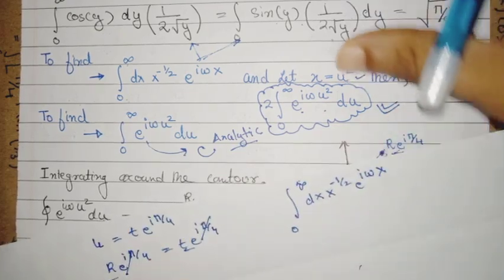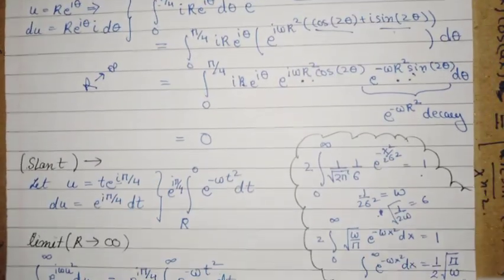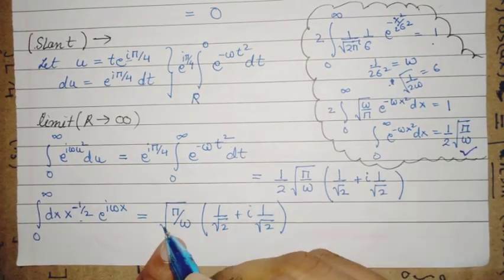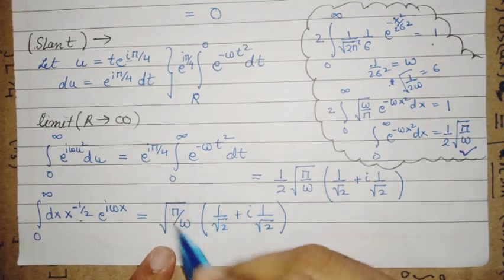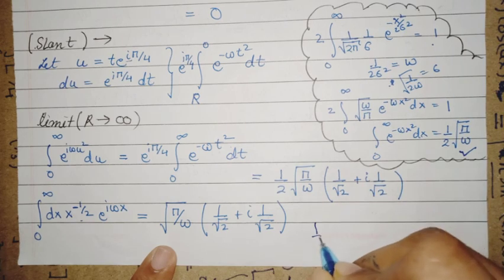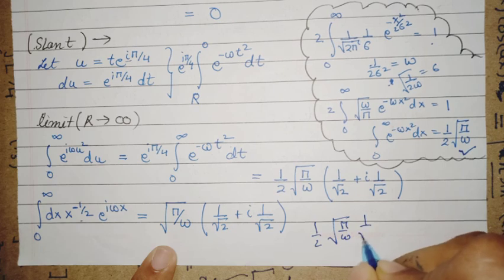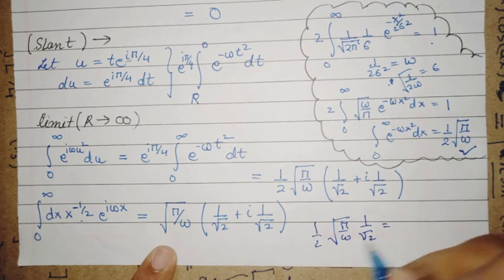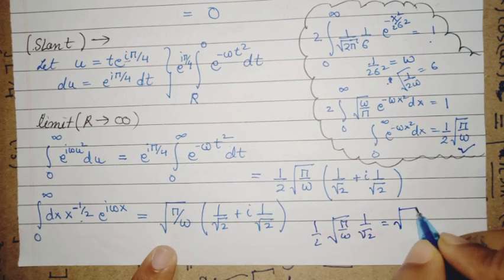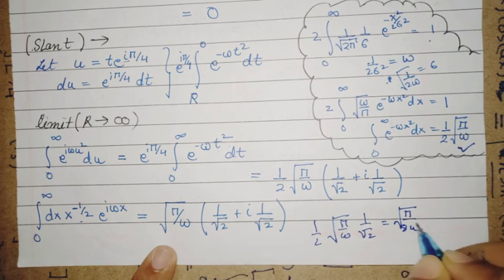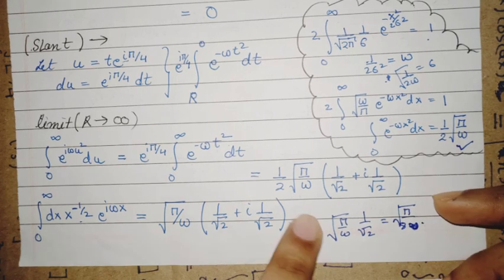But that is very easy now. As you have evaluated this, take half of the real part. So what will that be? That will be half root pi by omega 1 by root 2. This is the real part, which is just root pi by 8 omega, and omega is set to 1 for the Fresnel equation I showed. So this is just root pi by 8.